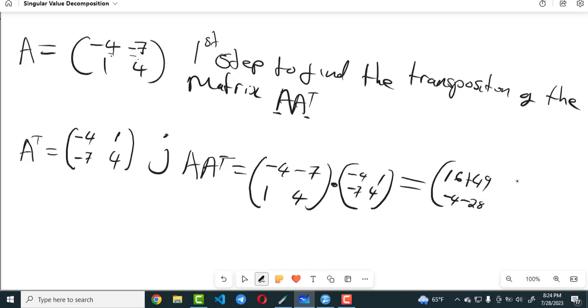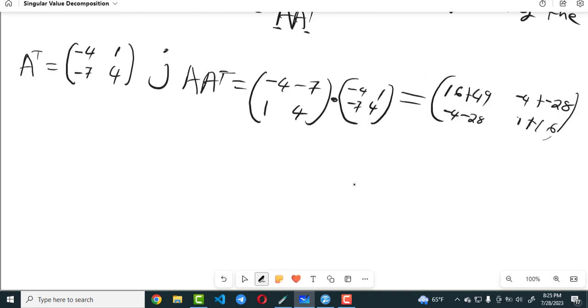Same applies, we are saying -4 times 1, we get -4, plus also we are saying -4 times -7 times 4, it is nothing but -28 here. So here we are also getting 1 plus 16 here, 4 times 4.